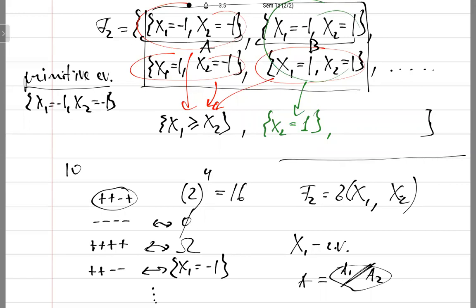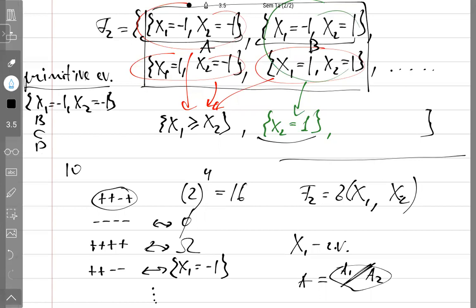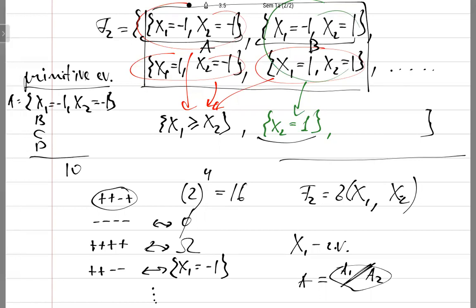You have, and the event, like as you wrote, x2 is equal to 1, and that's it, in green. Is it an event as well? Yeah, it's an event, but not primitive. It's a combination. You have 4 primitive events, A, B, C, and D, and every other event can be written as a union of some primitive events.